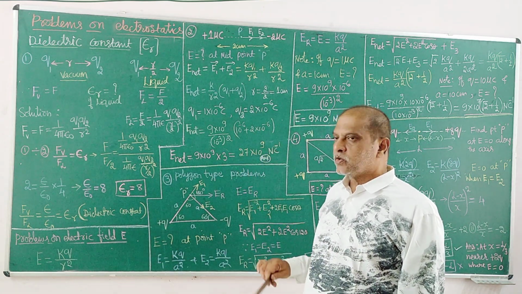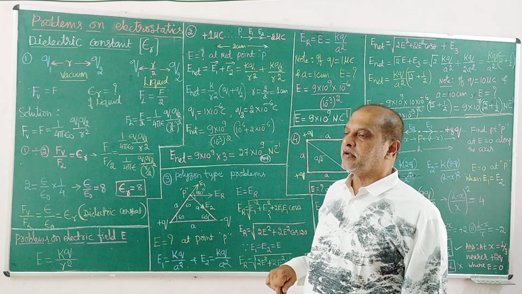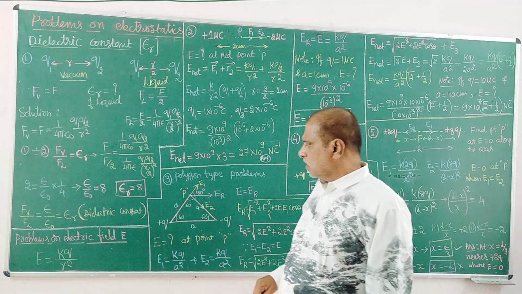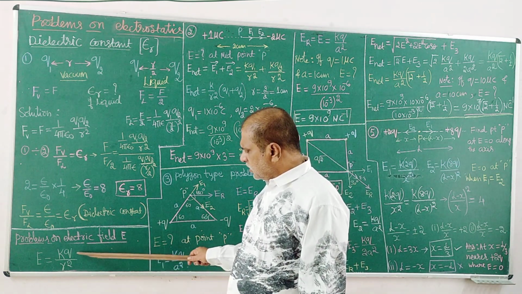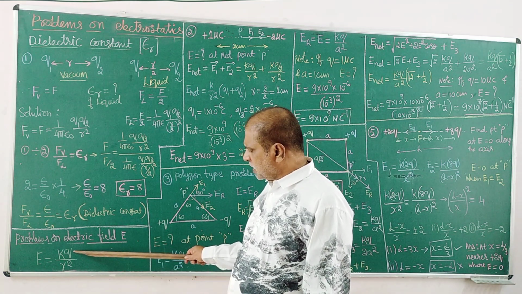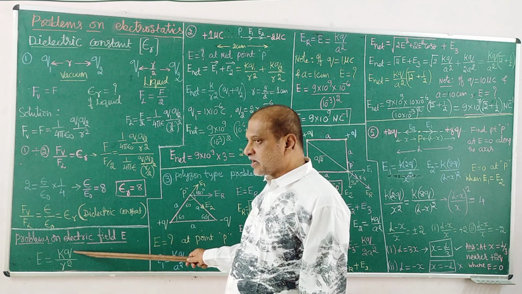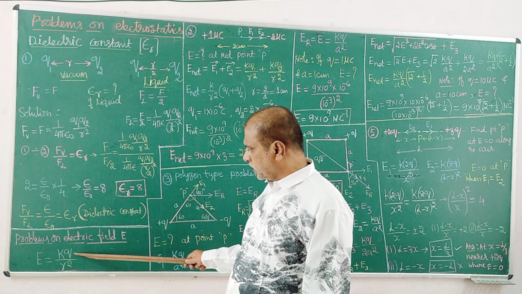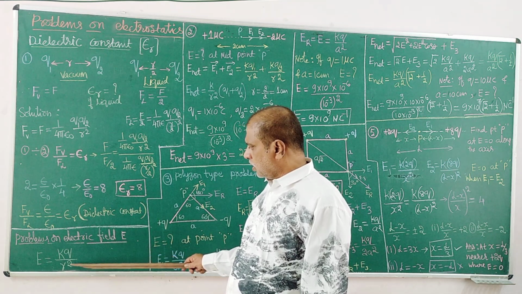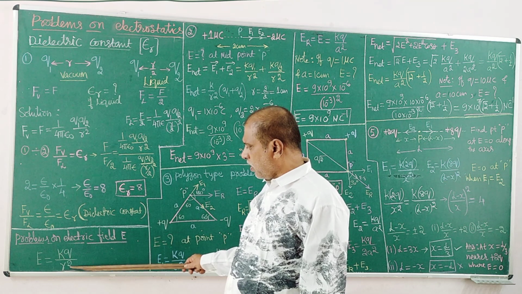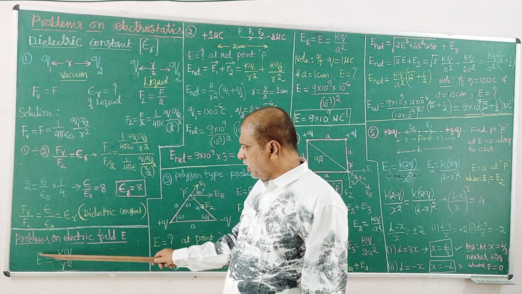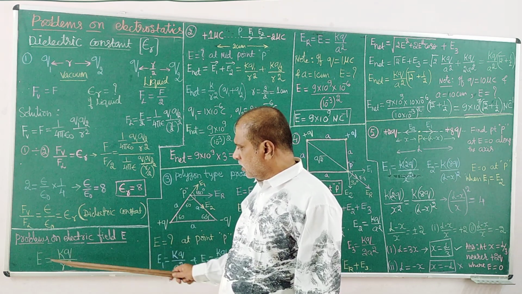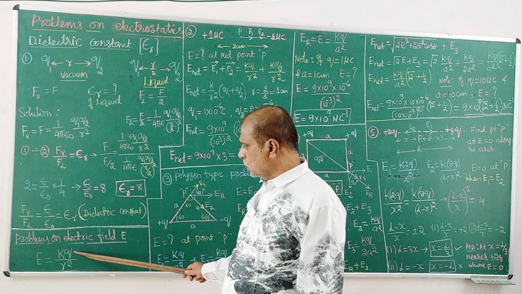It is the magnitude of electric field at a point in the space, and it is due to the presence of the static charge, q, the magnitude of charge, and r is the distance between the point where you are finding this electric field and the charge q.